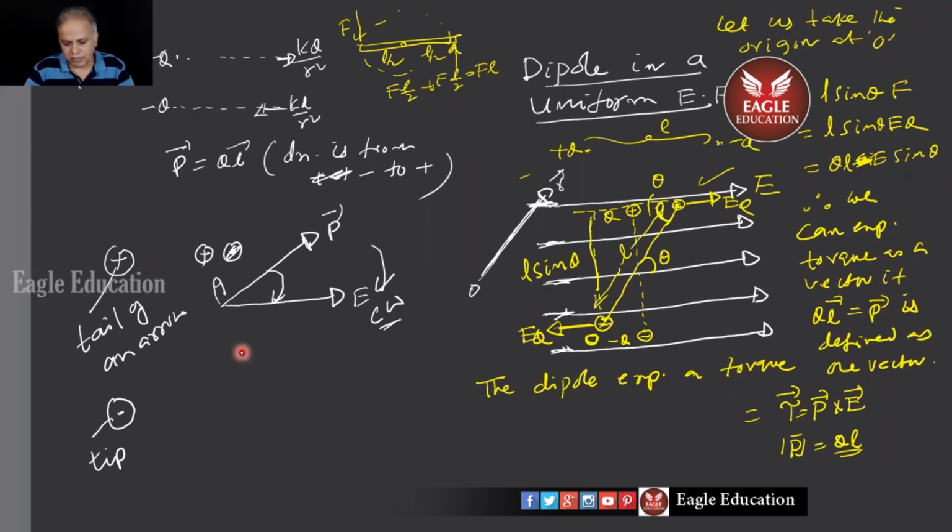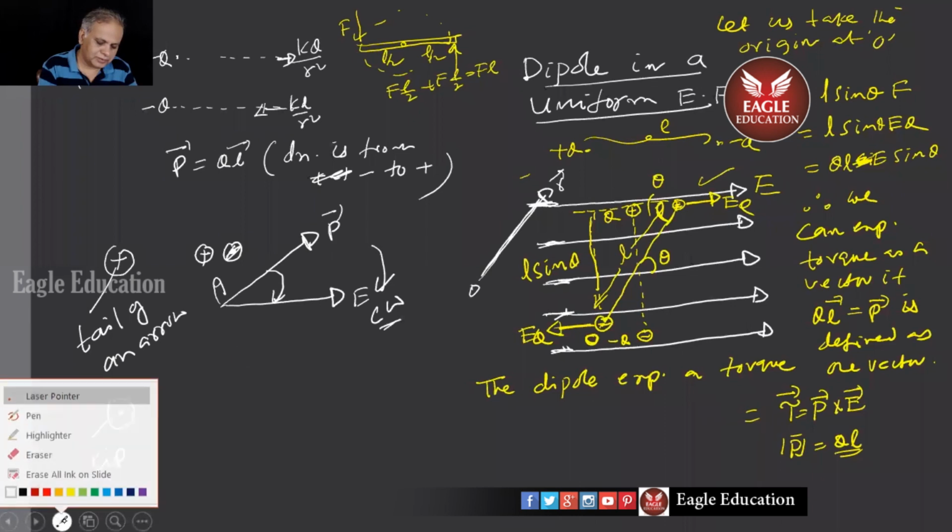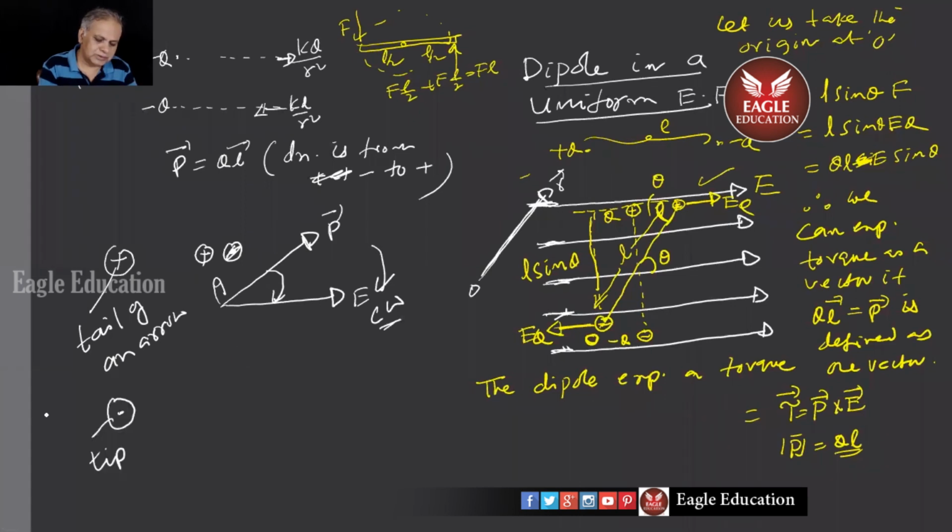P is defined as the electric dipole moment, QL, direction minus to plus. So P is defined in such a way that P cross E gives you the direction of torque and sense of rotation, which is agreeing with the physical reality there.